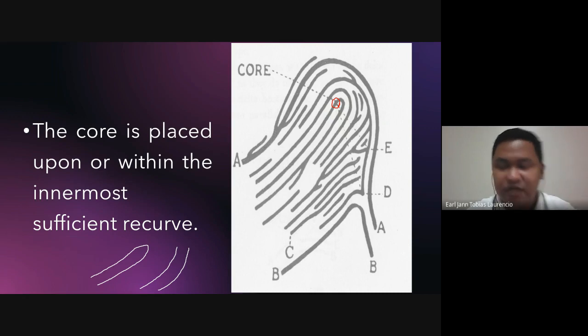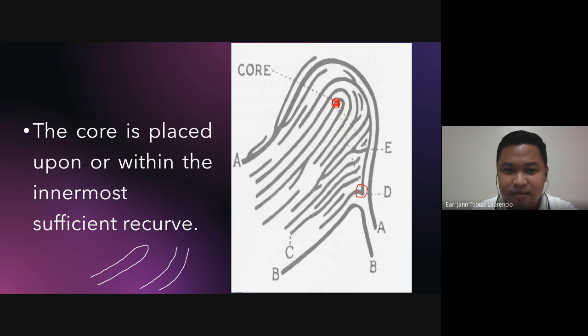So in our imagination, there are now two ridges that are separated from each other. Then we will choose the ridge that is far from the delta. This is the delta of the pattern. So we chose this leg, this ridge, because it is far from the delta, as compared to the other leg.